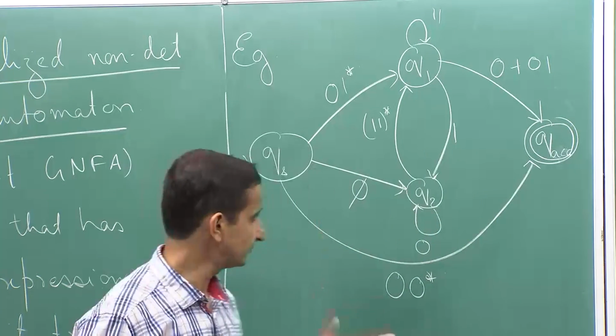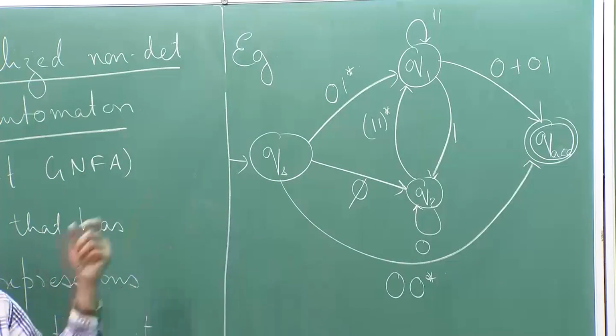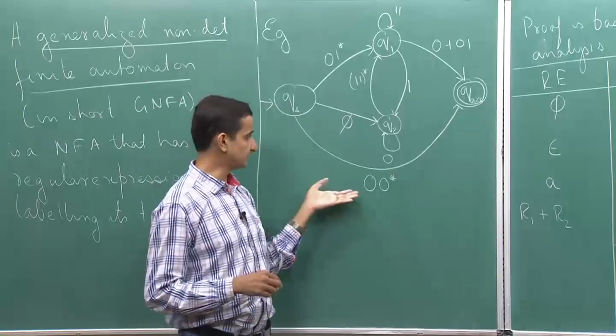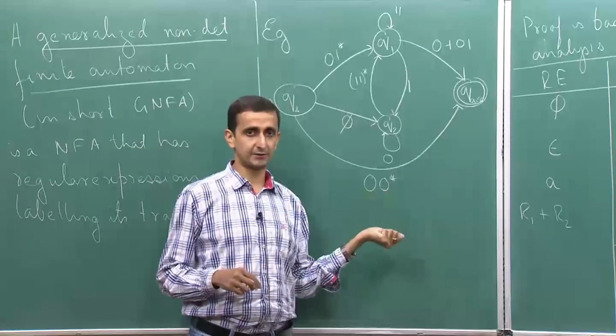Okay. So, this is an example of a generalized non-deterministic finite automaton. It has transitions whose labels have regular expressions on them.